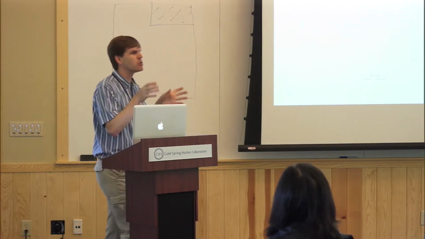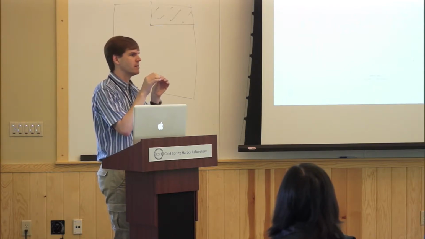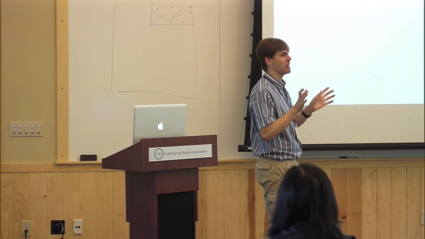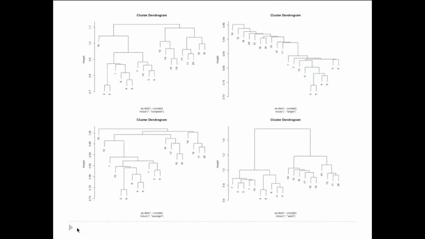So it basically reduces the sum of squares within that cluster. Okay. And what that ends up doing in practice looks very similar often to complete linkage. Okay. So it makes, in multidimensional space, very tight spherical clusters. Okay. That can be useful, but it can lead you astray as well.